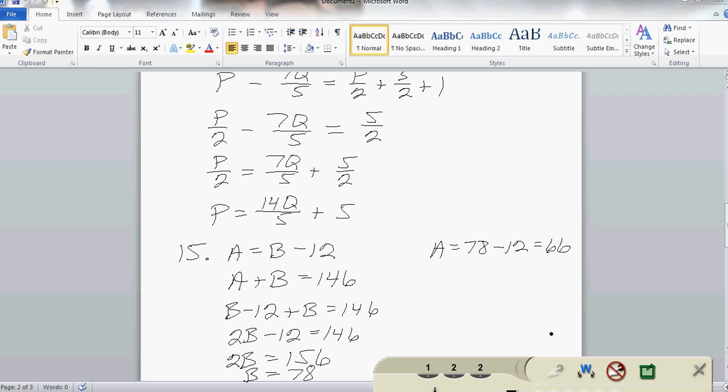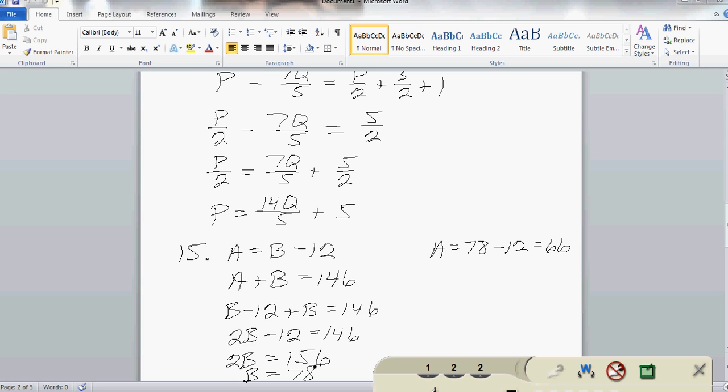That doesn't work out quite right. 66 and 78 is not quite 146 points.